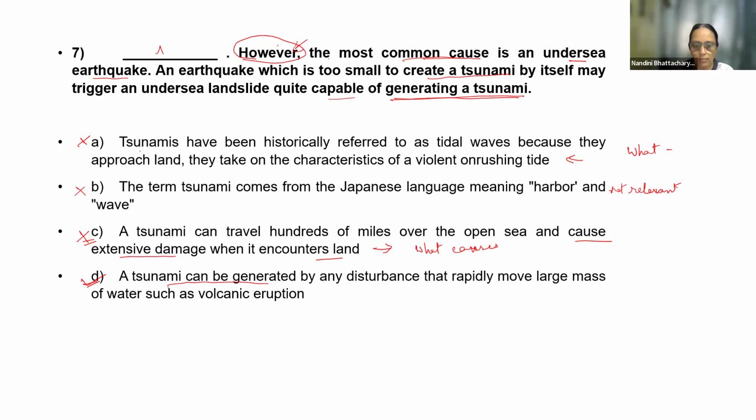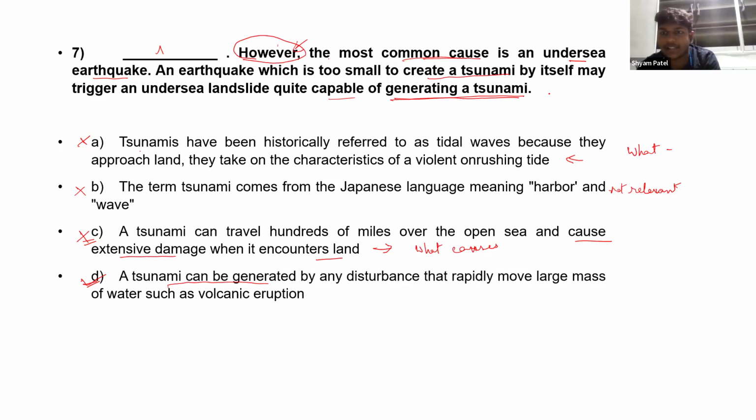I thought the main theme of the passage was to harm anybody, like tsunami harms and causes extensive damage to the land or everything. So when you read, did you read the passage carefully? Yeah, but you didn't get to the main idea of the passage. So now when you read the next passage, what will you do?